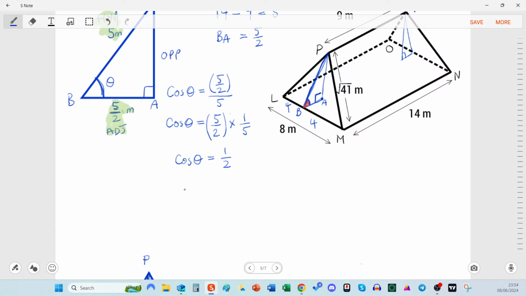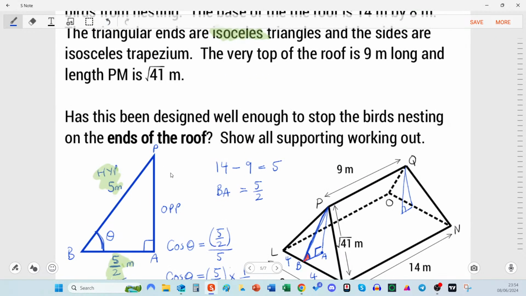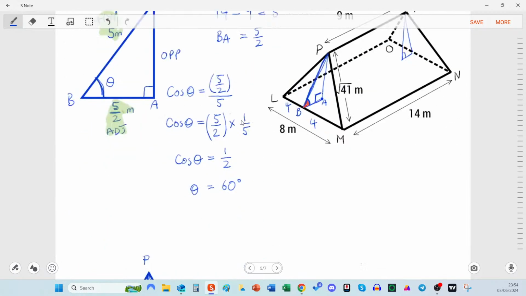But anyway, coming back to here, we now know from a number of different sources that this is 60. So that's useful for us. But we have to make a conclusion. Has this been designed well enough to stop the birds? Well, clearly, yes. We just put that 60 is much more than the 45.